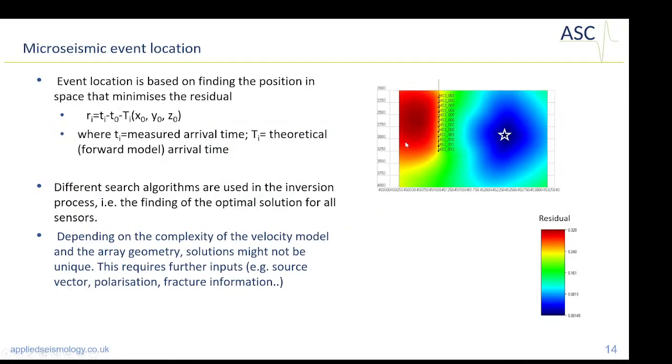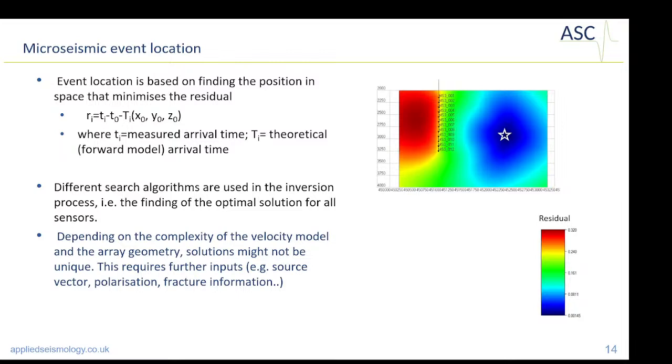And just very quickly, this is the logic that most location algorithms work with, and especially grid search and source scan within InSite. It's always trying to minimize a residual, or minimize the objective function, however we define our residual.